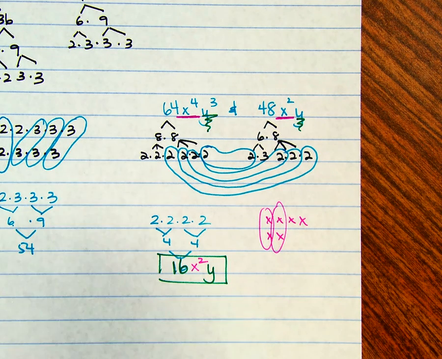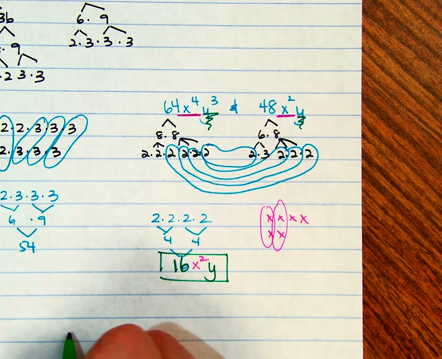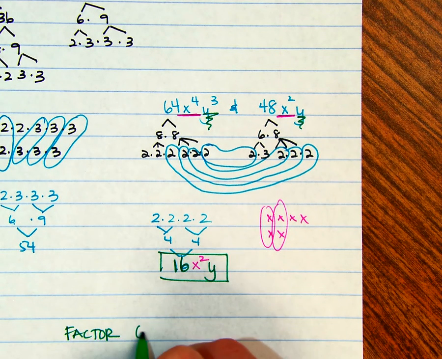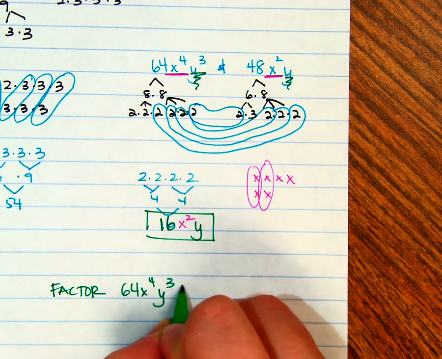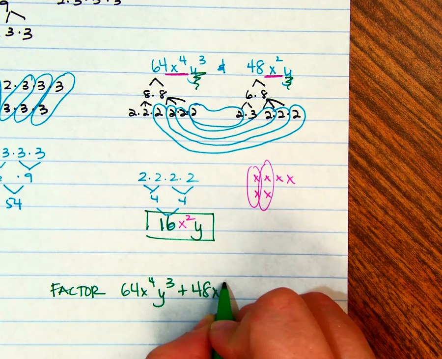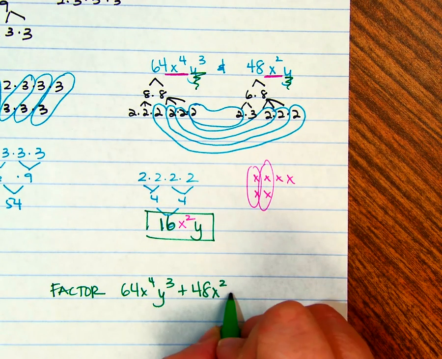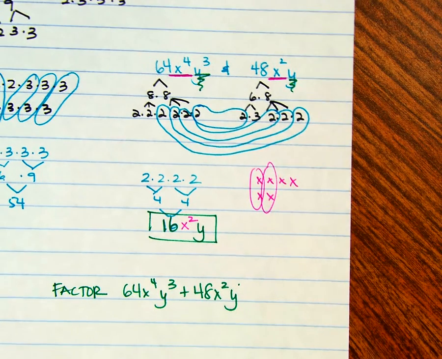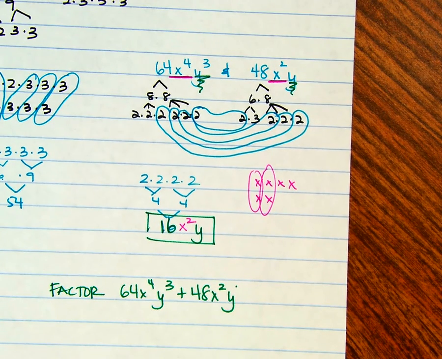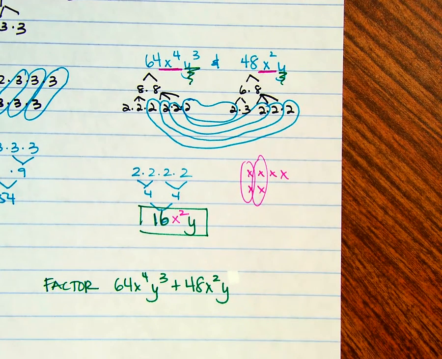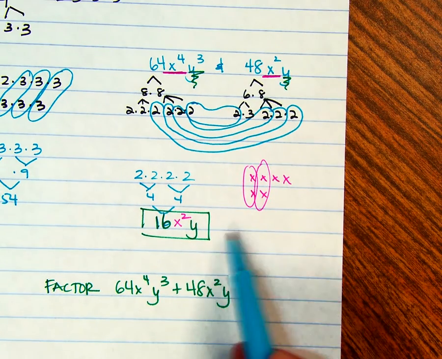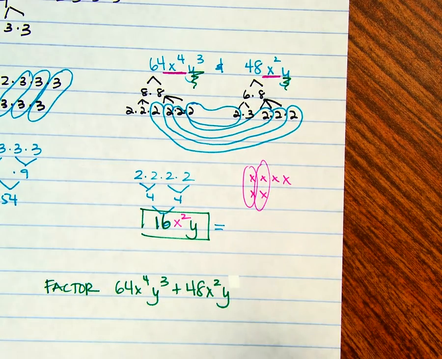If I were to ask you to factor 64 x to the 4th, y to the 3rd, plus, for example, 48 x squared y, I want to get rid of this little teeny dot here so it doesn't look like an exponent. So if I am asked to factor that, I gotta find my GCF, which is what I just found up here.